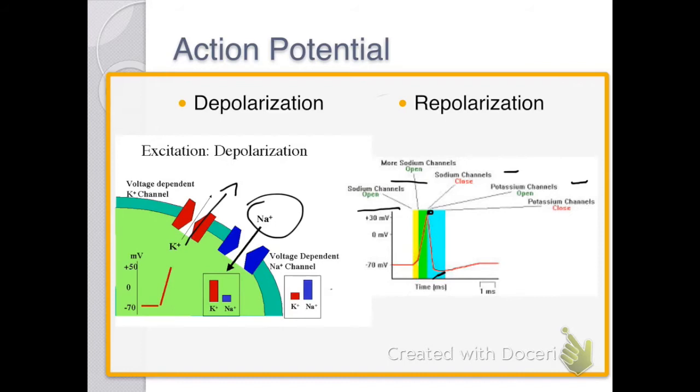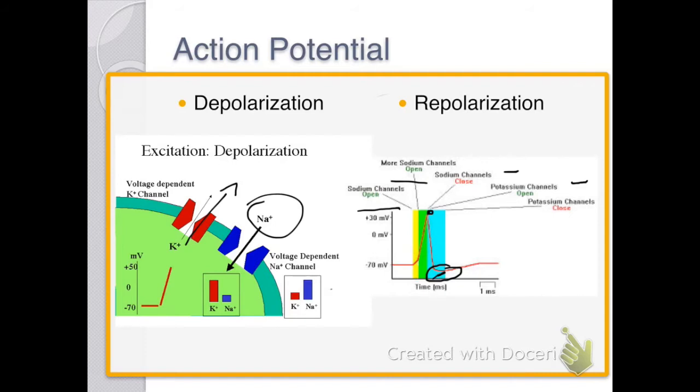One addition to this information, however, is that following repolarization, the cell actually goes into what we call a refractory period. You can see right here that the charge is a little bit below negative 70 because the potassium channels are closing and maintaining a certain state for a brief period of time.